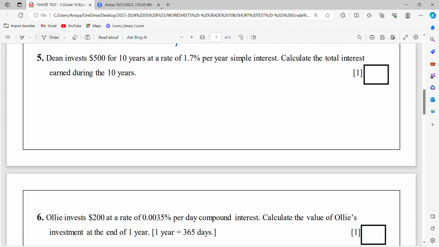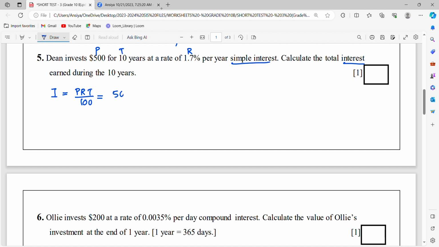Question number 5. Dean invests $500 for 10 years at the rate of 1.7% per year simple interest. So we get the topic, simple interest. Calculate the total interest earned during the 10 years. So simple interest, we studied a formula, I equals P R T over 100, where P represents the money we are investing or borrowing, which is $500 in this question, and then rate and then time.